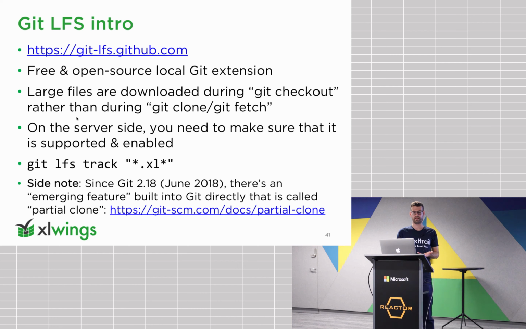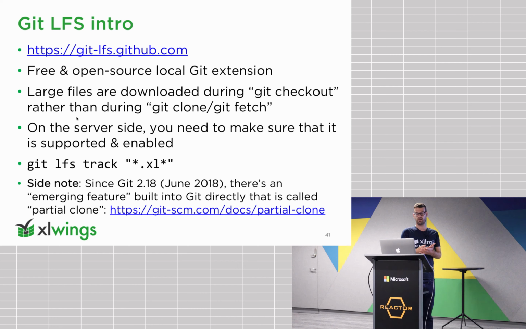And what it does in detail is it does a sort of lazy downloading, lazy loading. So instead of cloning the whole repository with all 1,500 past versions of your workbook, it really just downloads that version that you currently look at in your working directory. So whenever you do git checkout, it goes to the server and downloads the file, but all the other files it leaves alone.